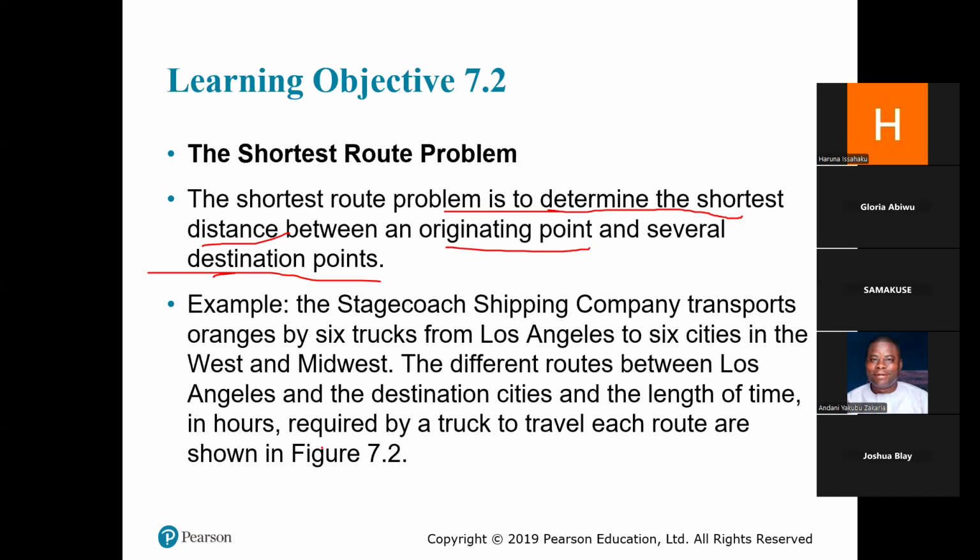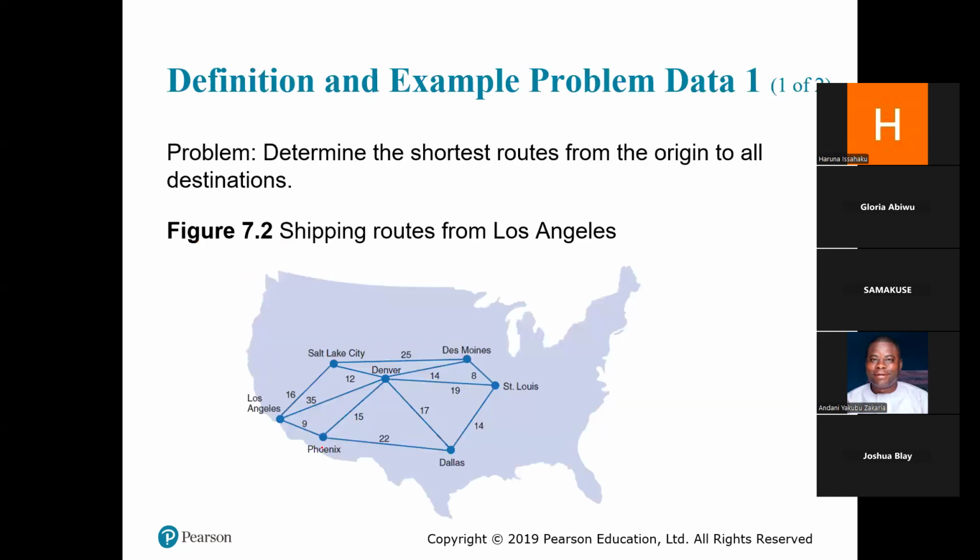So in this particular problem, Stagecoach Shipping Company is transporting oranges by 6 trucks from Los Angeles to 6 cities. That is shown in this diagram here.